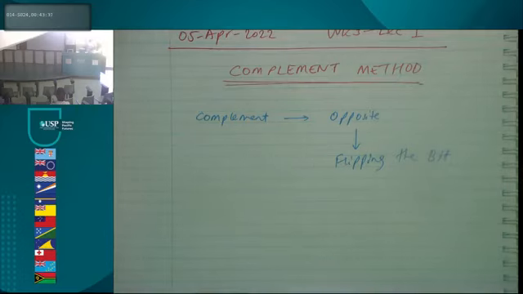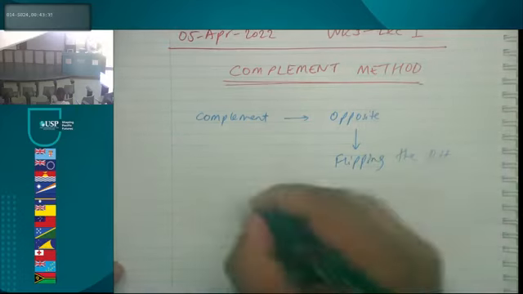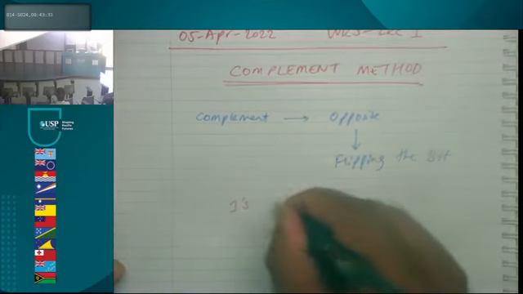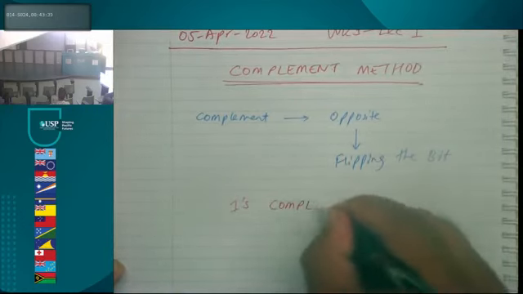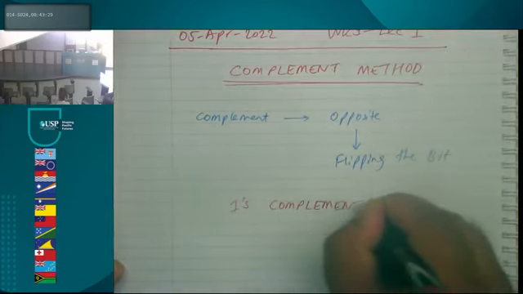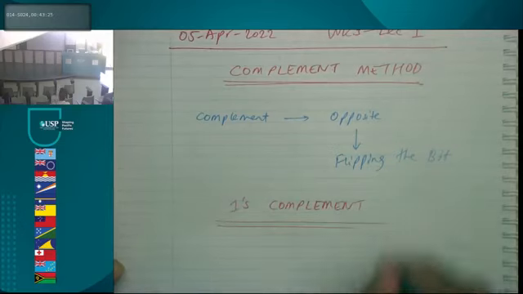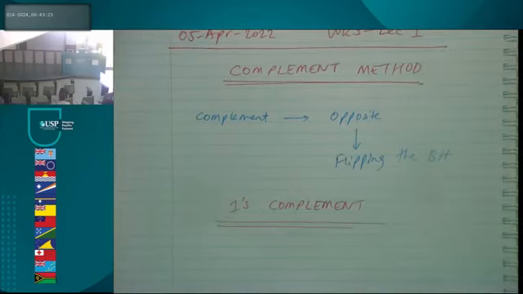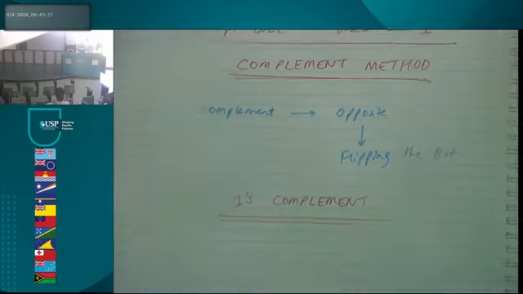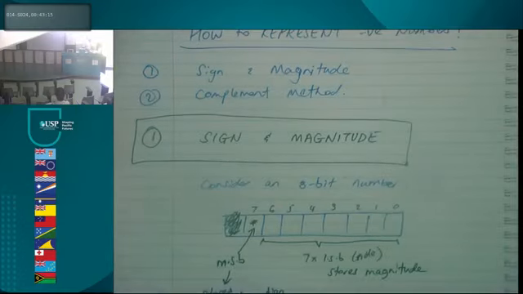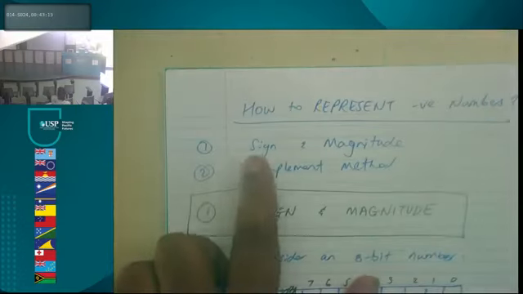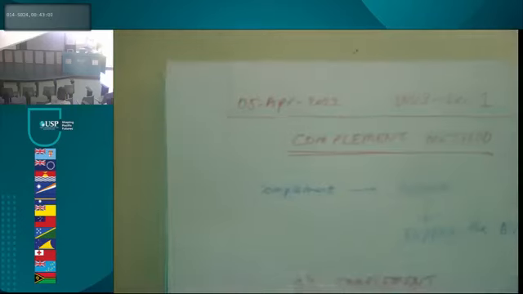All right, let's start off with something called one's complement. Actually, one's complement is not that important. It's more so to get to something else called the two's complement. Remember, if you flip back on our notes, you'll see that I said we're going to use sign and magnitude and the complement method.